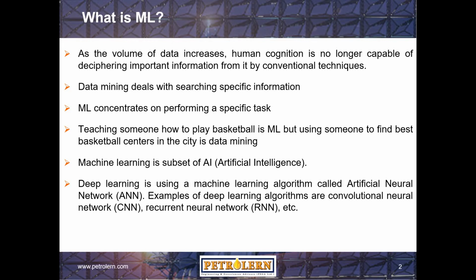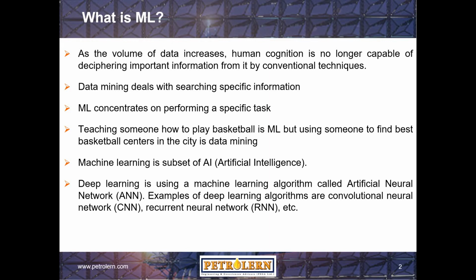There are different terminologies that are being used interchangeably, called AI, machine learning, data mining, deep learning, and so on and so forth. Before we dive into that, I want to clarify what each terminology is, okay? First off, AI is artificial intelligence, and it just means using machine intelligence as opposed to human or animal intelligence to decipher important information from the data.